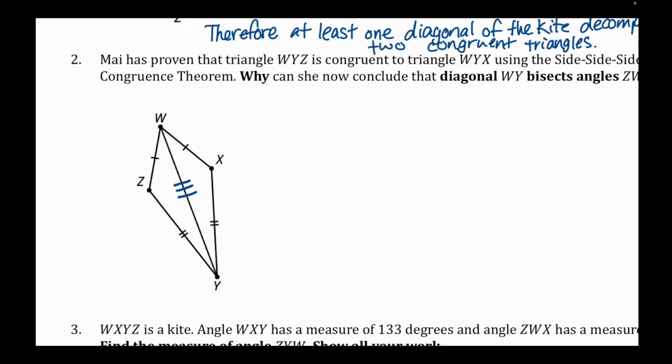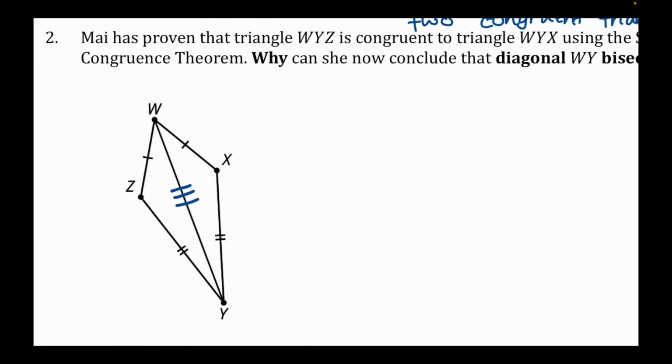So that's the basis of this, is CPCTC, but it just happens that that's where those two line up. So I'm going to put this part in red. I'm going to say this angle and this angle, and then this one and this one.